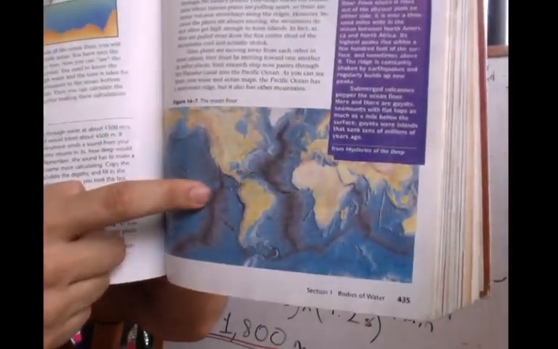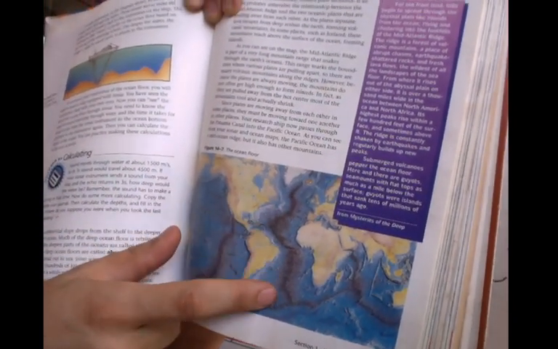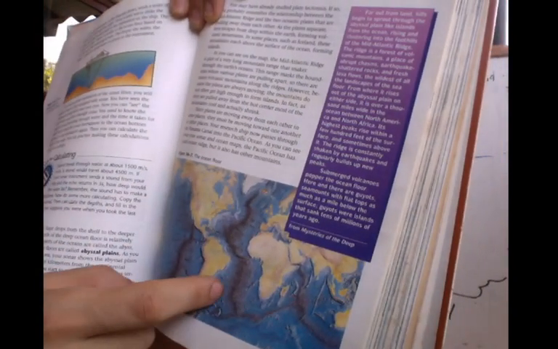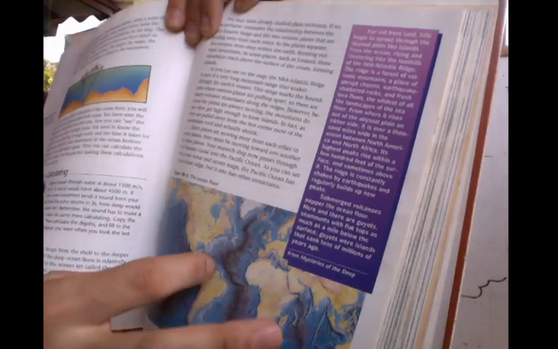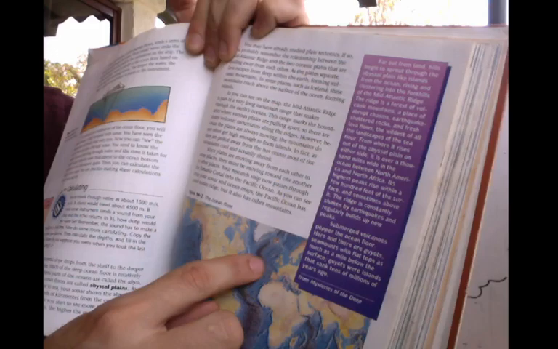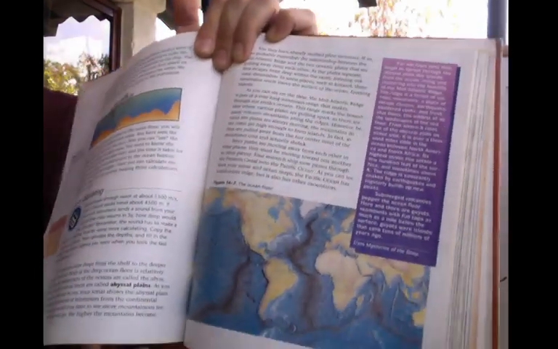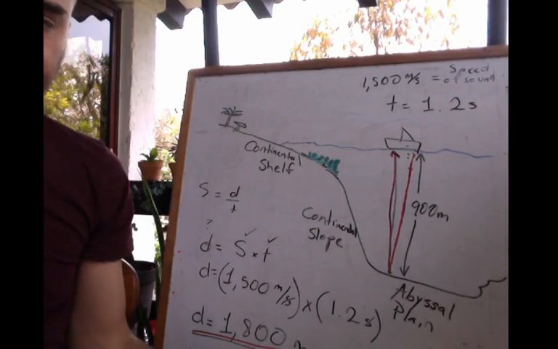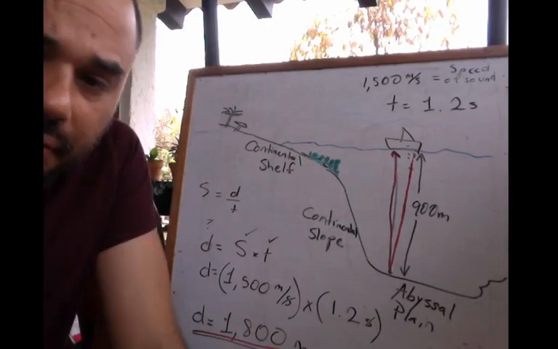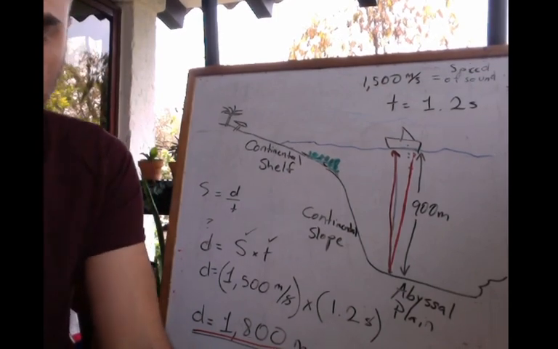We can see the trenches. Well, this is the mid-Atlantic ridge, which is the boundary between the American plate, South American, North American, and the African plate with the Eurasian plates. We can see all the boundaries. Check it out. And this is just by the ocean floor. Actually, the plate tectonics theory comes from, if you remember, analyzing the ocean floor.